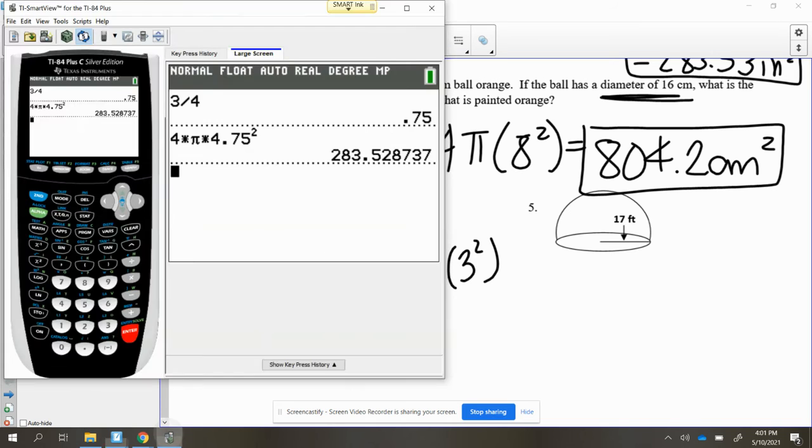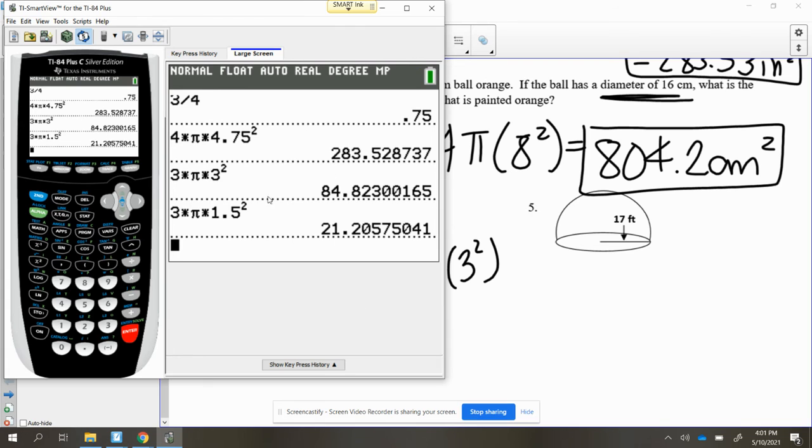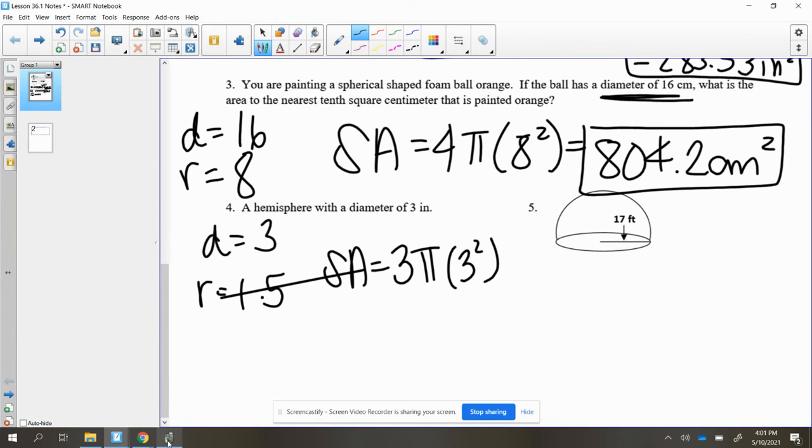So 3 times pi times our radius squared, which is going to be 2.25. Don't make that mistake of using the diameter; we want the radius, so 1.5 squared. So see the difference, we have about 21.2 square inches.